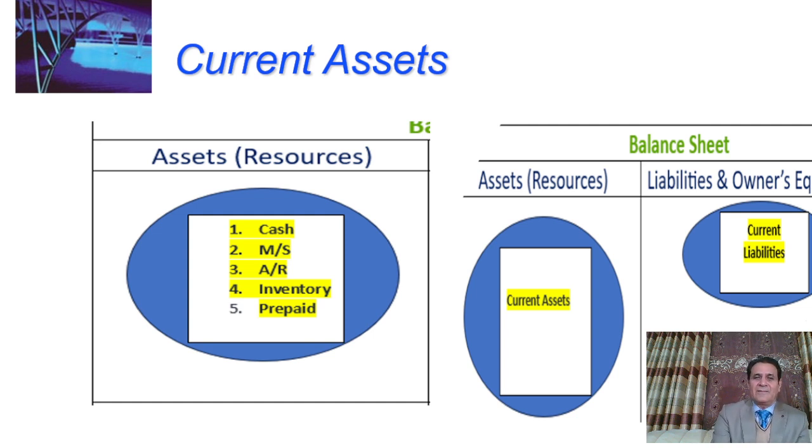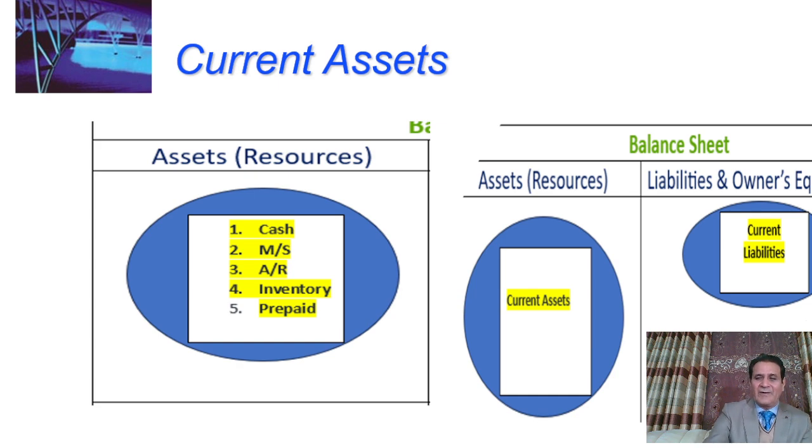Look at the current assets. Current assets have five different components: cash, marketable securities, account receivables, inventories, and prepaids. So the inventory is confusing. Inventory may take more time to convert into cash, because we sell first and then we receive the cash, and then it is converted into cash.